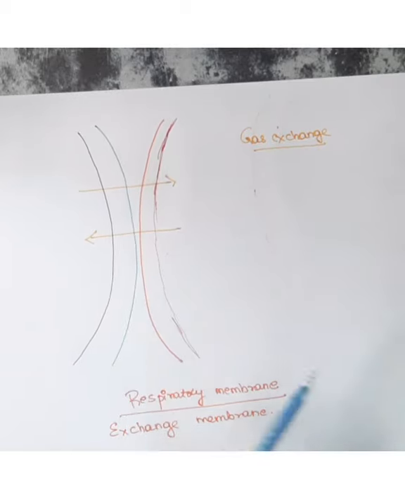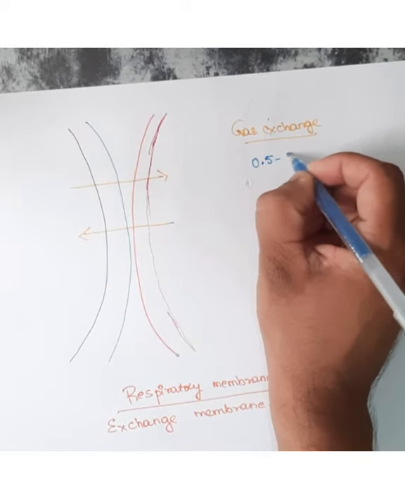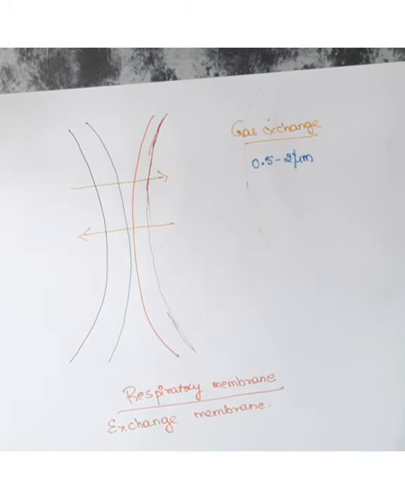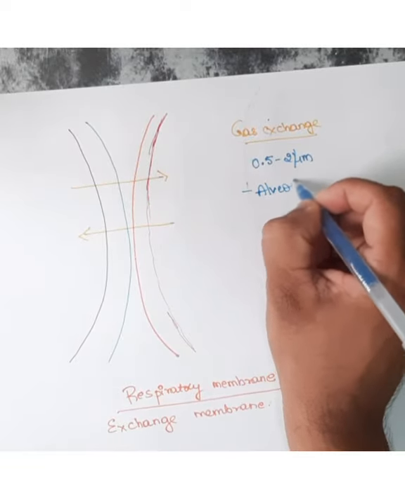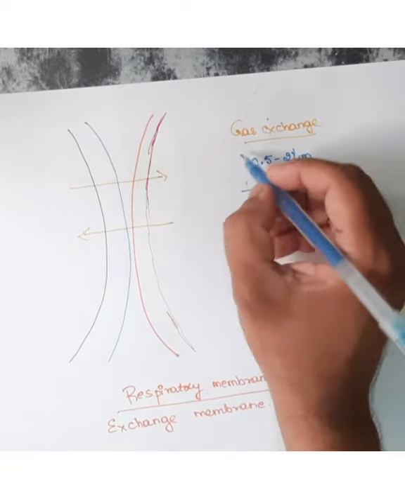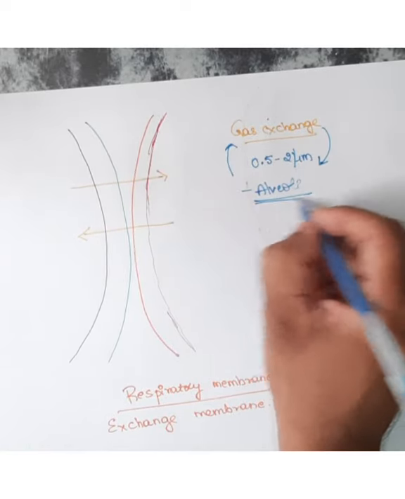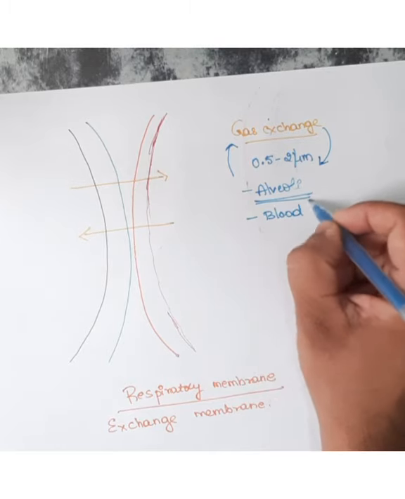It is too thin. It may range anywhere from 0.5 to 2 micrometers in thickness. So it's the thinnest membrane seen in the alveoli, where the gas exchange occurs between alveoli and the blood, or you can say the capillaries.